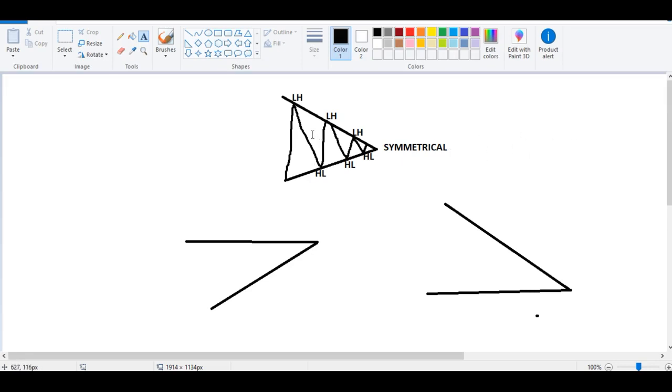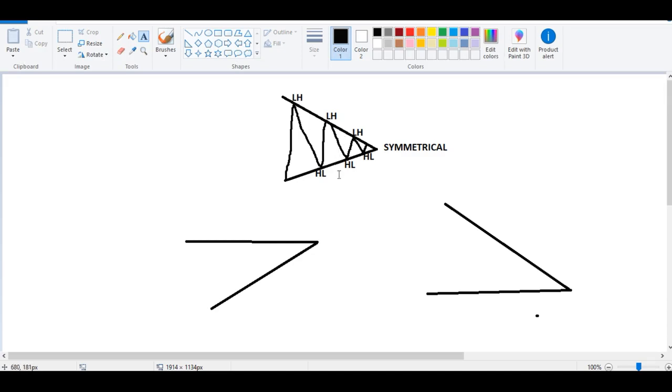Basically, what is happening here is there's a fight going on between the bulls and the bears, right? And one of them is trying to take over the trend. But eventually neither of them is able to take control.